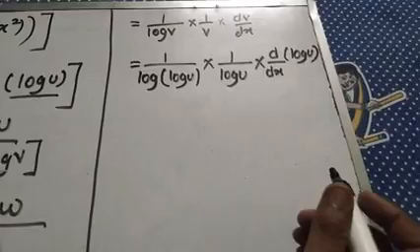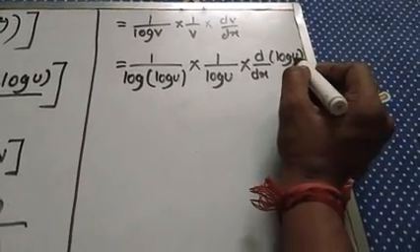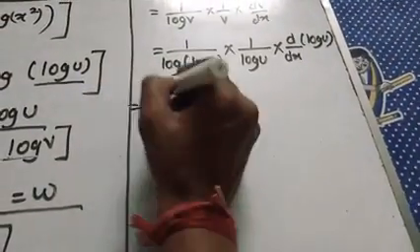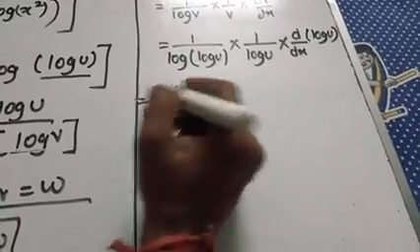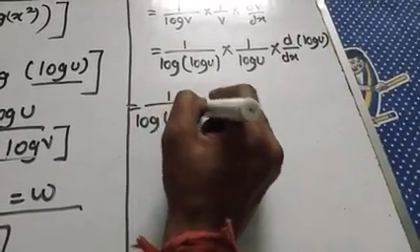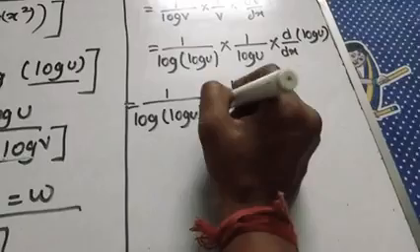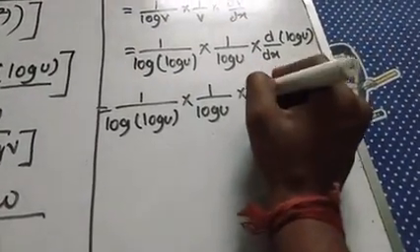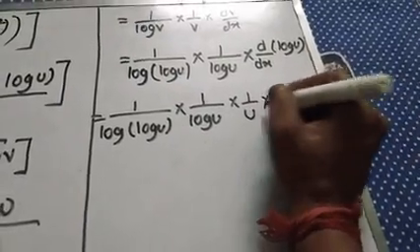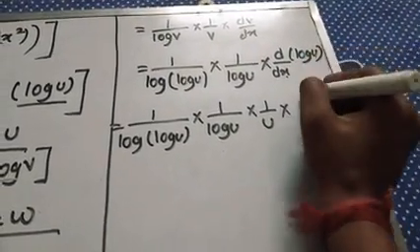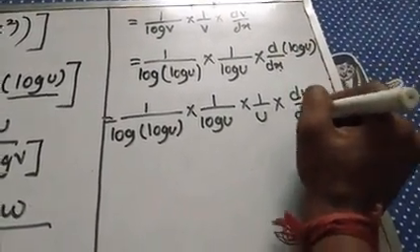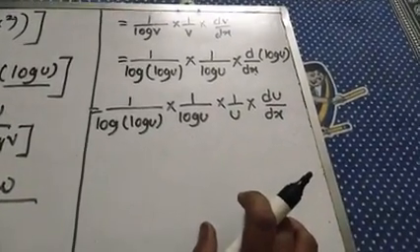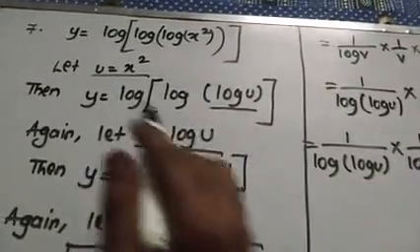Okay, now d dx of log u is 1 by u, this is u, this is x, not same, so again du by dx.